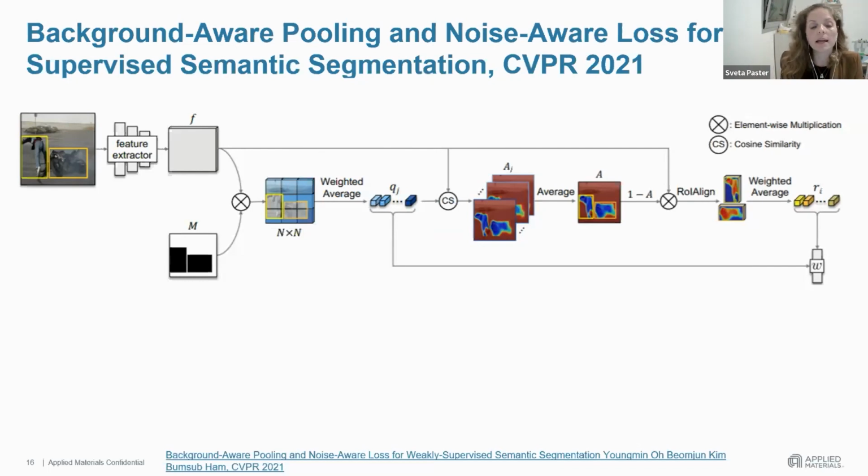The way they do that is by using feature maps from the feature extractor. Of course, they also have the mask, and all the pixels outside of the box are considered to be prototypical features of the background. Once they have them, they calculate a cosine similarity between the prototypical features and the feature maps, in order to get an attention map for every channel. After averaging, they have an attention map for the background.